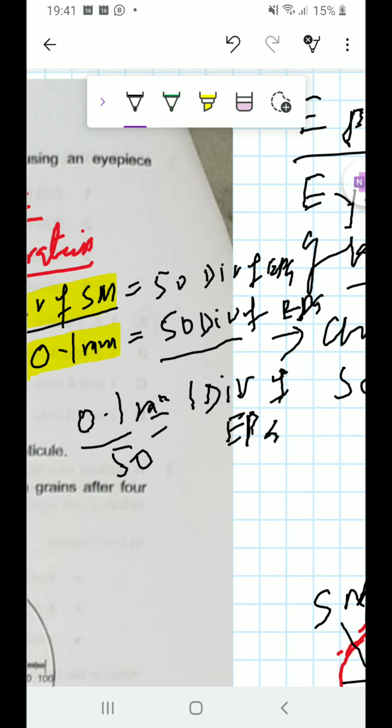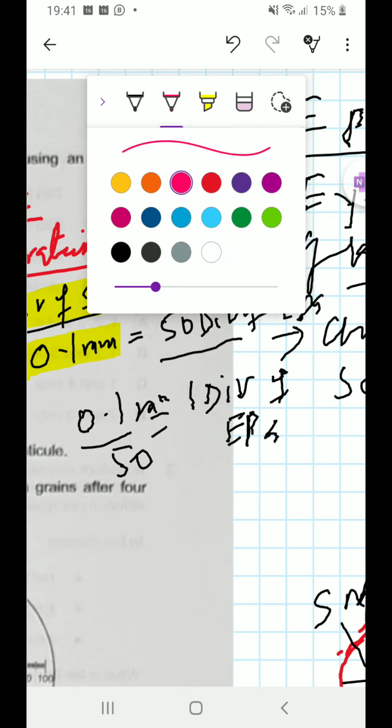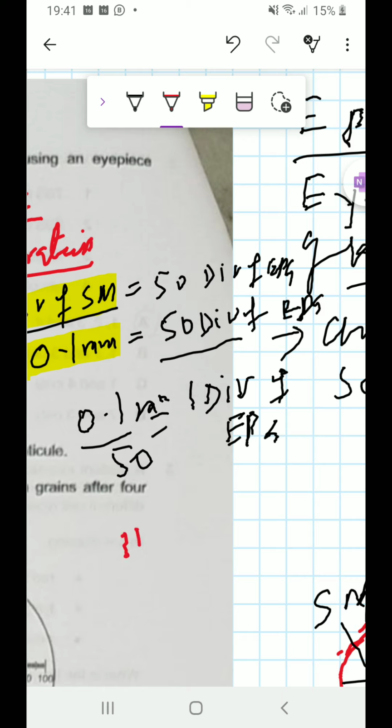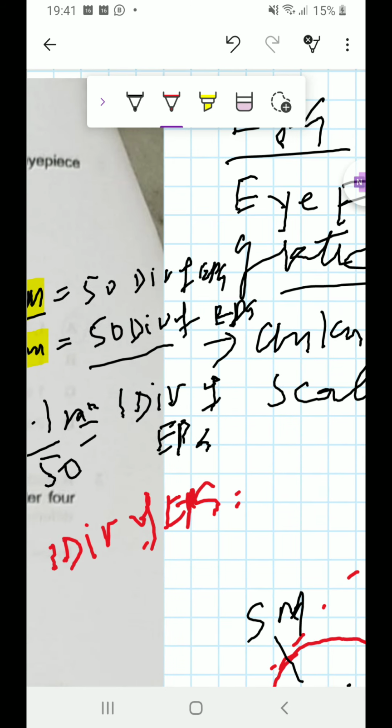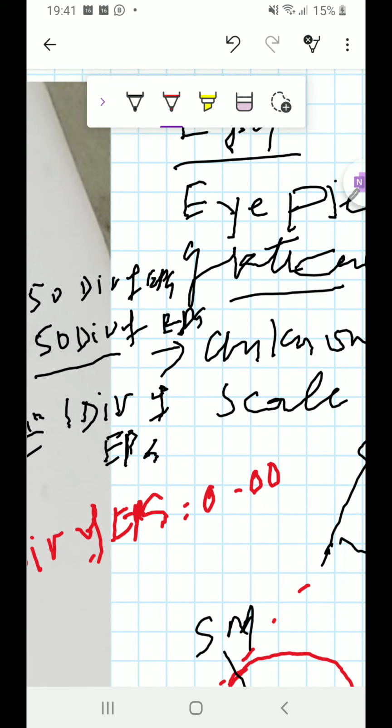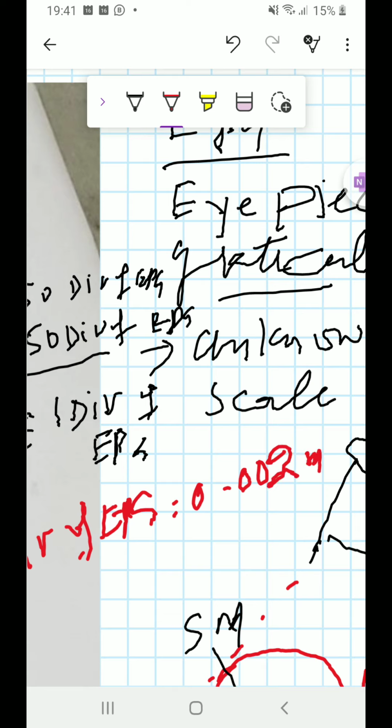So one division of EPG is equal to 0.002 mm. We can convert it into micrometers as well, by multiplying it with 1000.